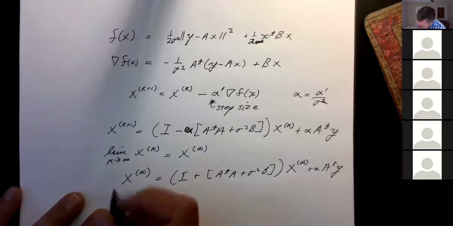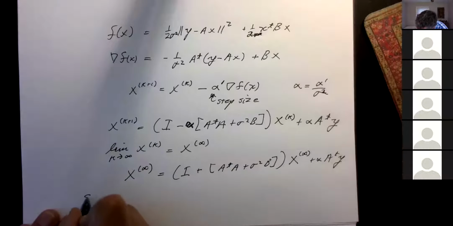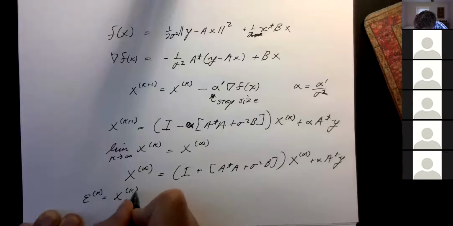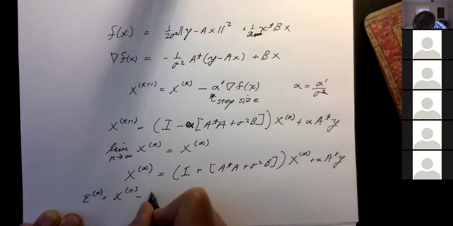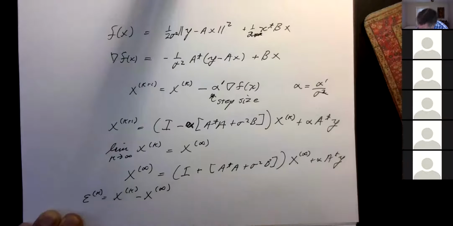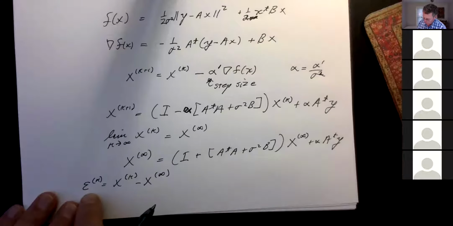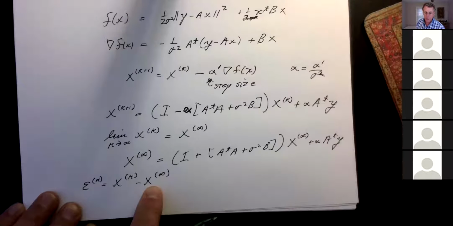Now, if I define epsilon k equals xk minus x infinity, then this is the error, the difference. This epsilon k is the difference between the x you have and the x you would like to have. X infinity is the x you would like to have.